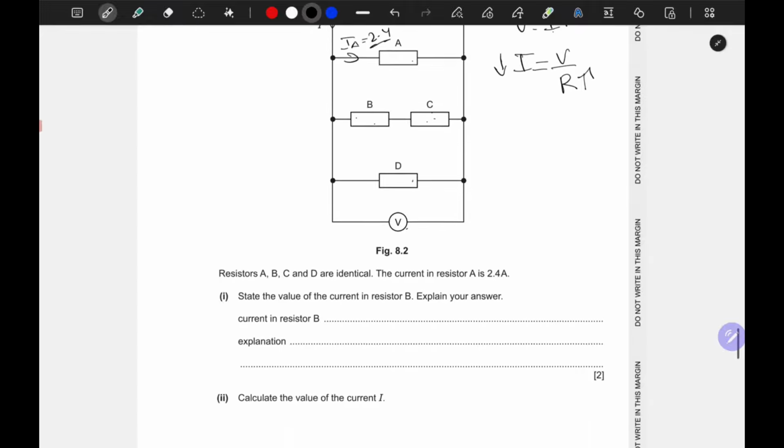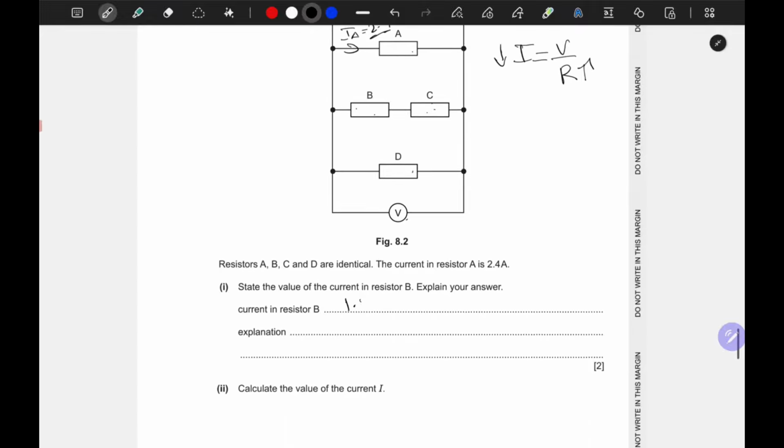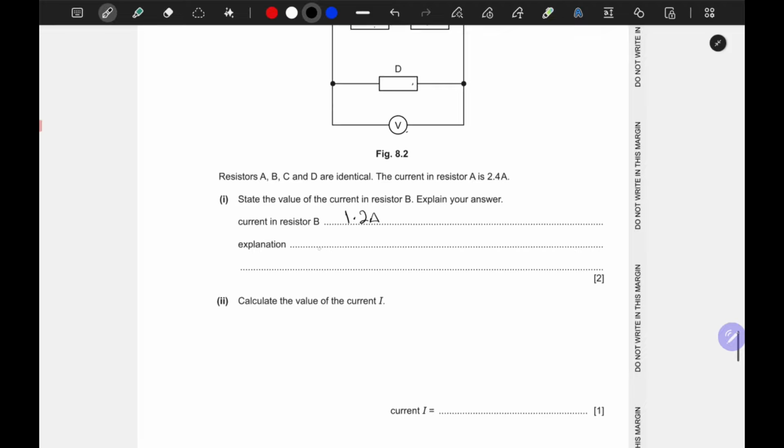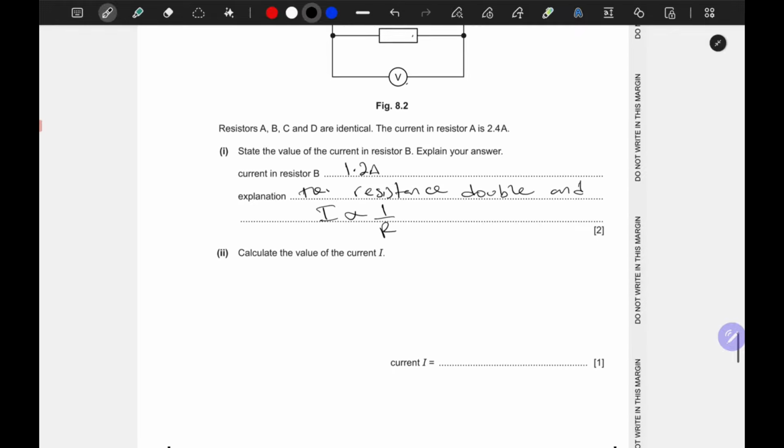So it's 2.4 divided by 2, which is 1.2 amps, because the resistance doubled and I is inversely proportional to R.